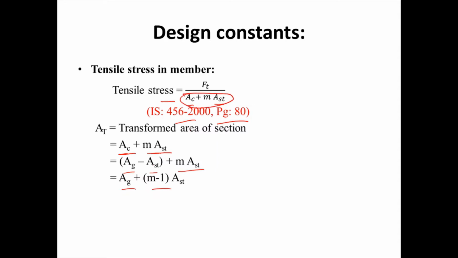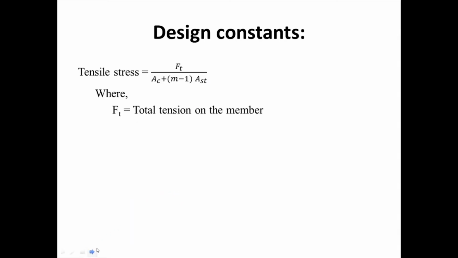So we simplify the equation: tensile stress is FT divided by AC plus (m minus 1) AST. FT means the total tension on the member.